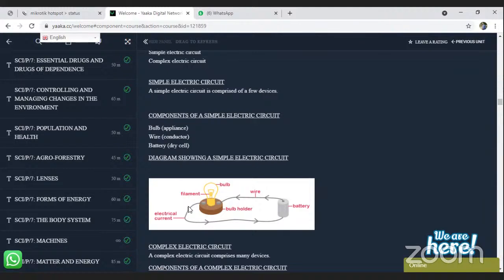Maybe before we reach there, they can also ask you this kind of question. They can bring a diagram showing a simple circuit. Then they ask you to show the flow of electrons.